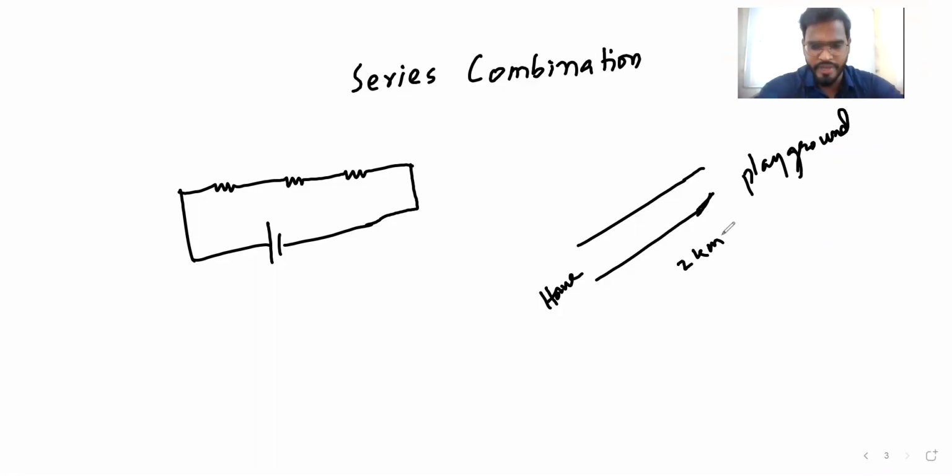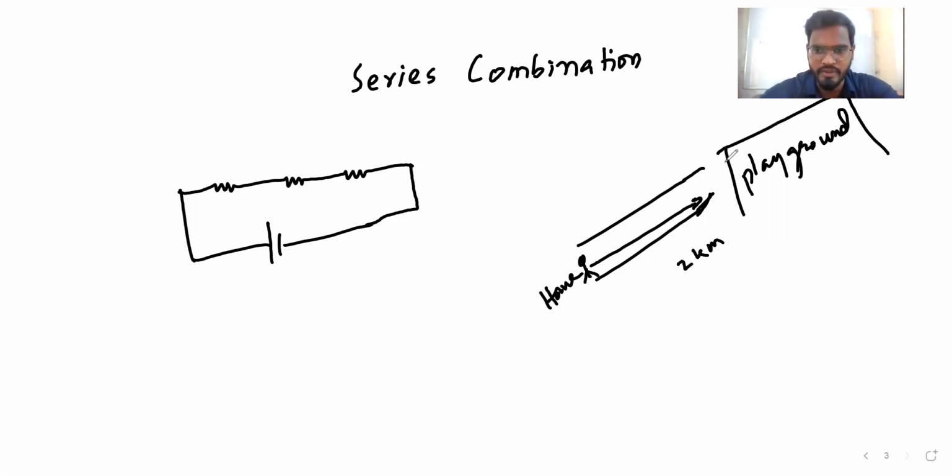Now you don't know the exact way to go to the playground, so you start from here and ask someone. They tell you, don't worry, just take this road till the dead end and you will see the playground.